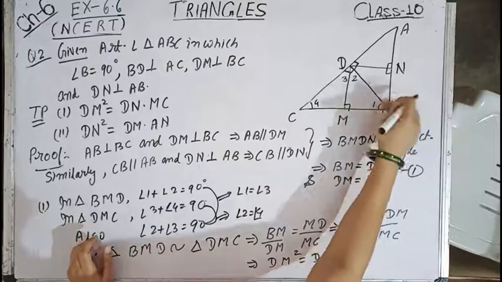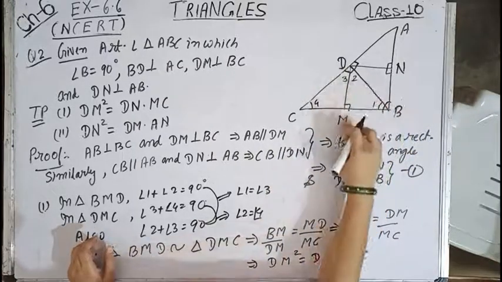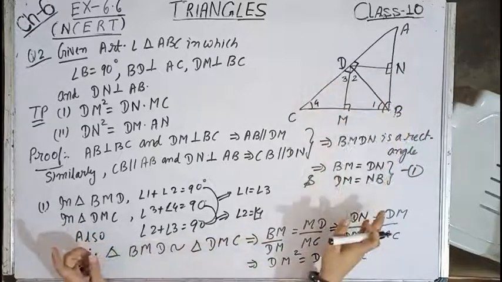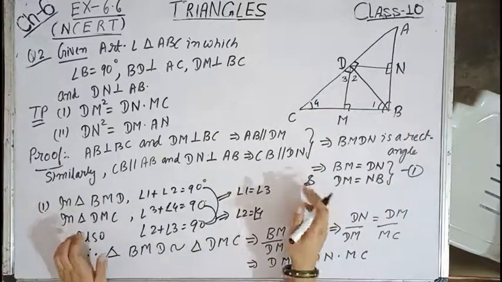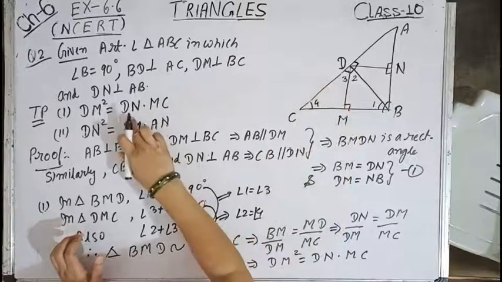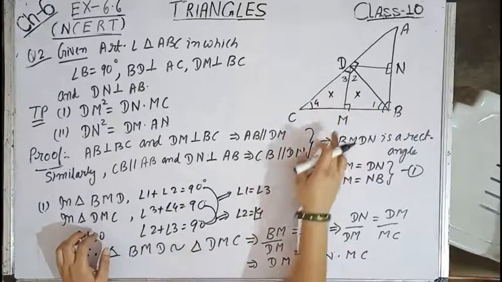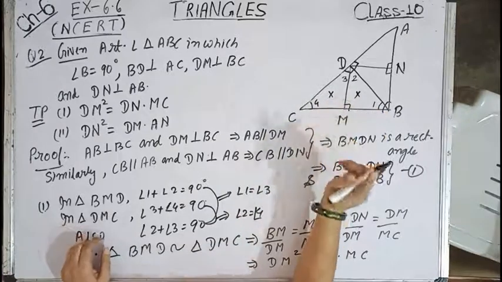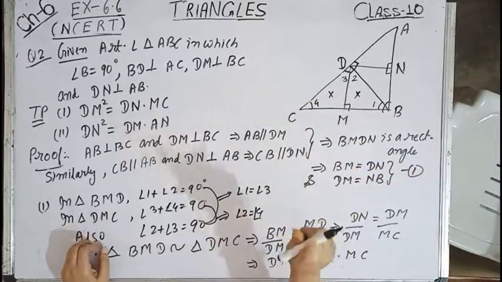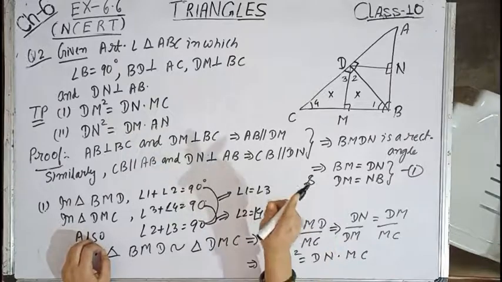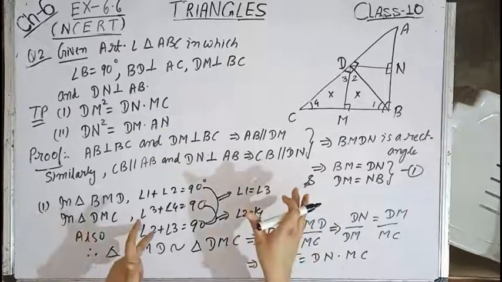So all angles in this quadrilateral are 90 degrees, therefore DMBN is a rectangle. Now, after proving the rectangle, to prove number 1, we will prove these two triangles similar. These two triangles are similar, as we have proved in theorem number 4. If you remember the criteria of similarity, it is the same thing.